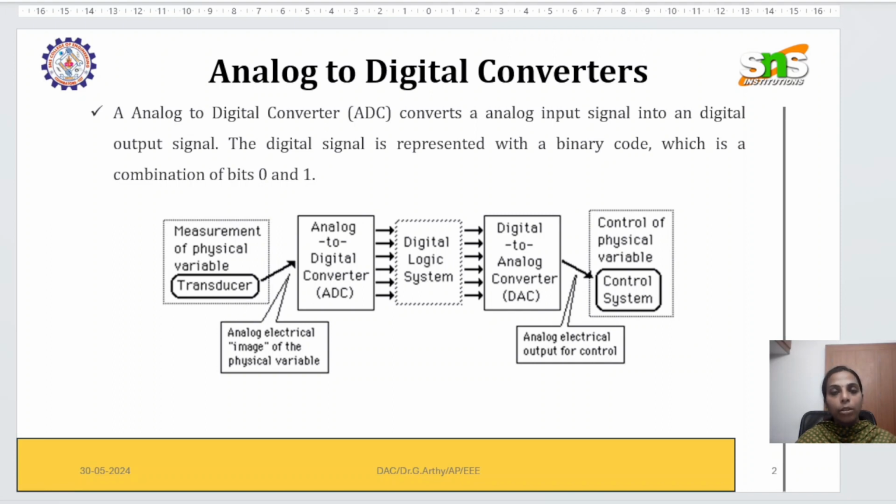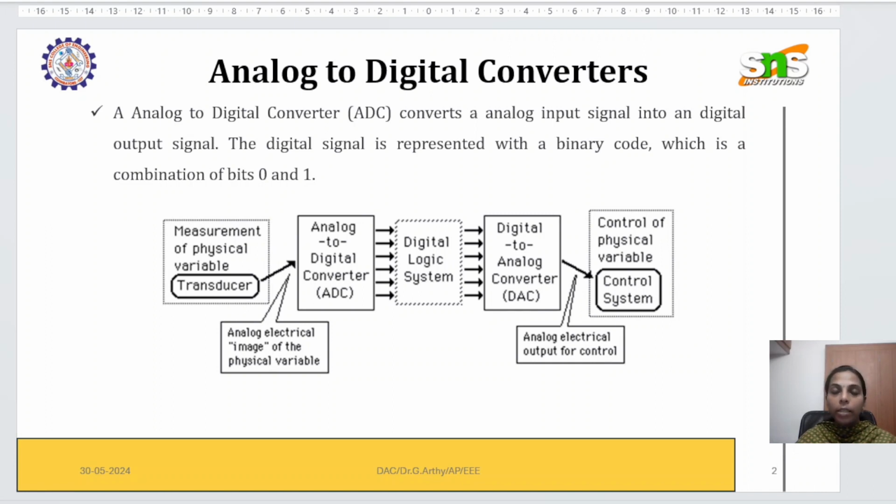Now the digital logic systems or the digital signal processors will process the digital signal and give a digital signal as output. But digital signals cannot be read by us, so it is required to convert the digital signals back to analog signals.